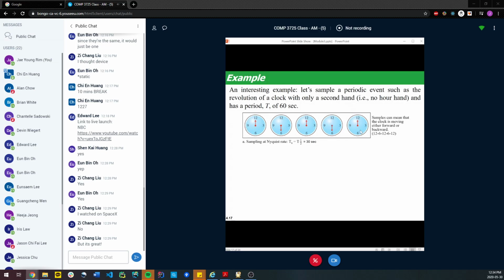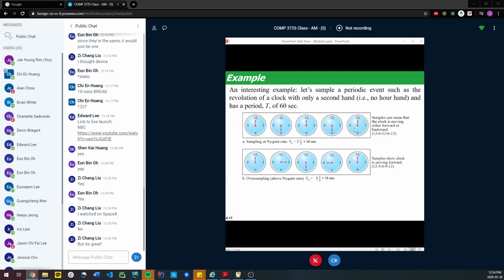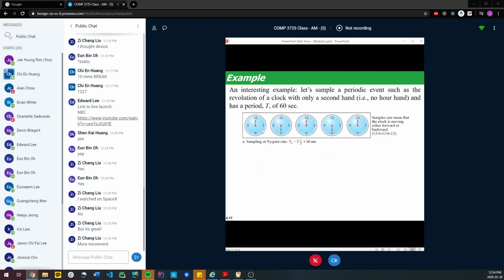Yes. Now, if I sample above the Nyquist rate, what difference do you see if you scan from left to right? I know for a fact it's going forward. Exactly. Whereas in this previous case, you don't actually see that. It could be backward. Yeah, you know that the clock is moving, but you don't know exactly whether the clock's moving forward or backwards.